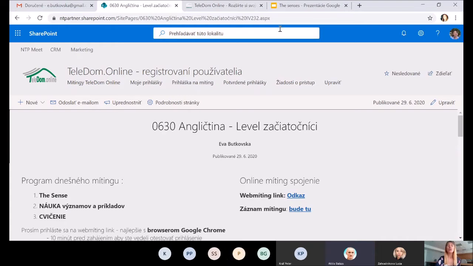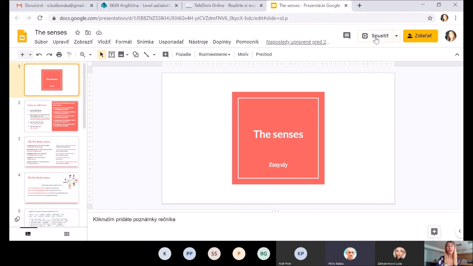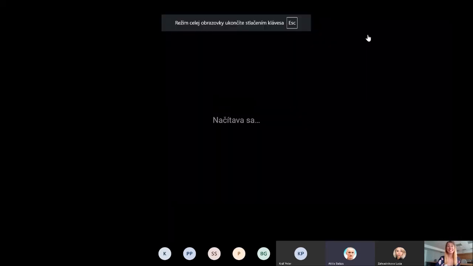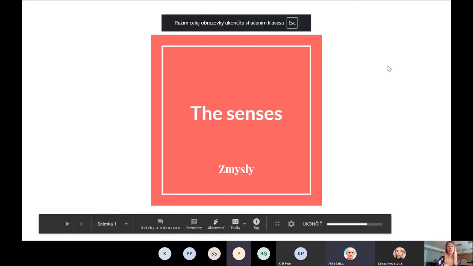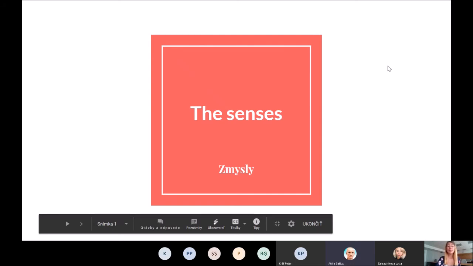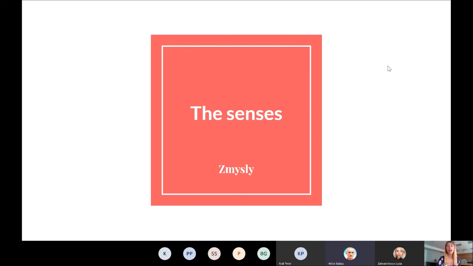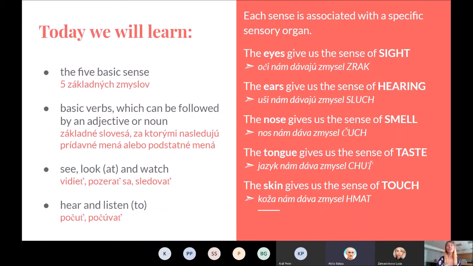And let's move on and start with today's topic, and that is senses. This might seem like a very easy and basic topic, but there is more information for you to know, understand and learn. So today we will focus on the 5 basic senses.